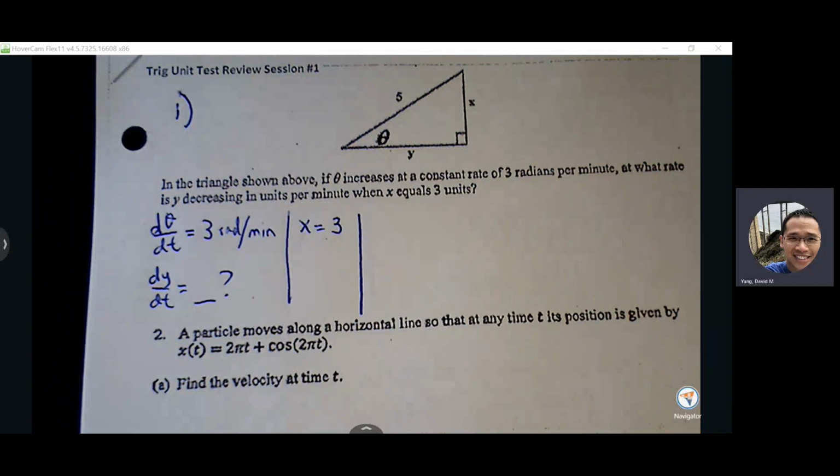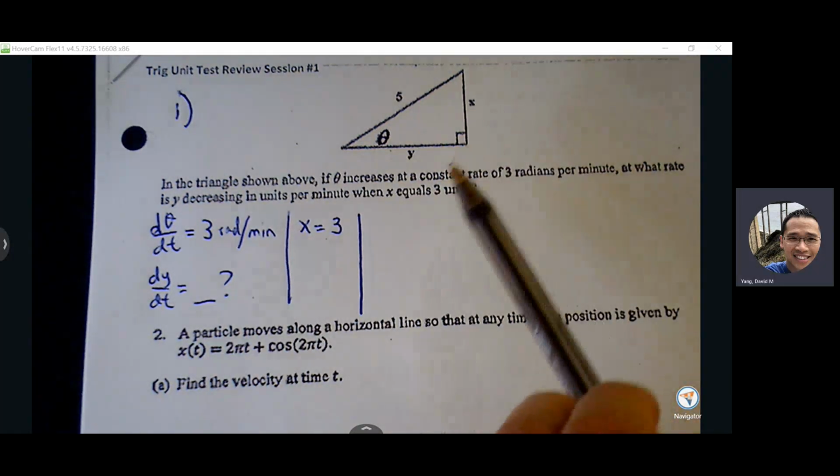Which trig function will hit the theta, the y, and the 5? Sine, cosine, or tangent? For tangent, it's going to be opposite over adjacent.